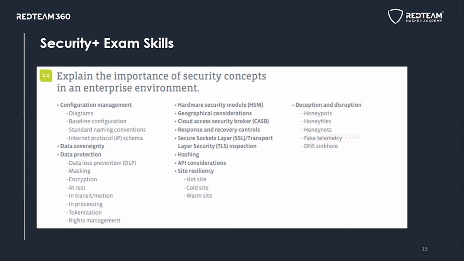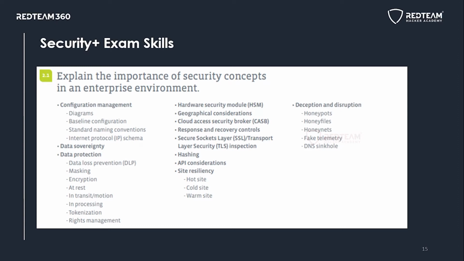site resiliency. See, as an organization, we may be faced with disruptions and disasters. If we are faced with a disaster, we may not be able to continue operations from our primary facility.